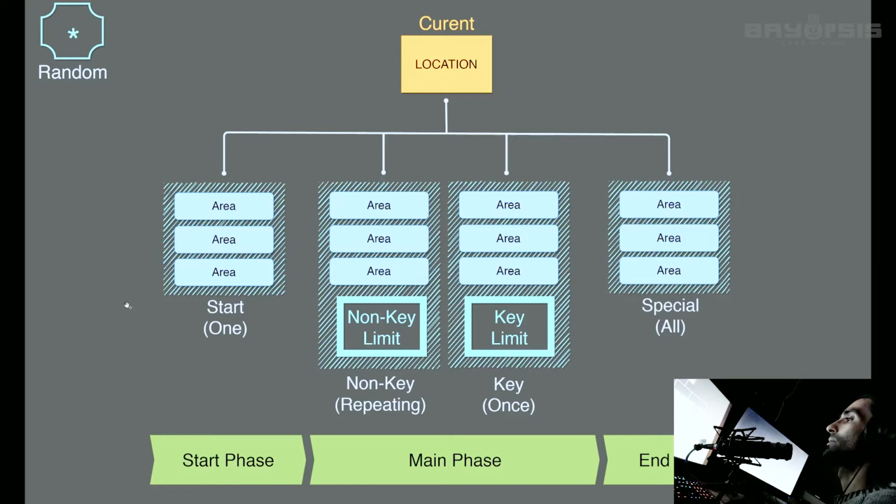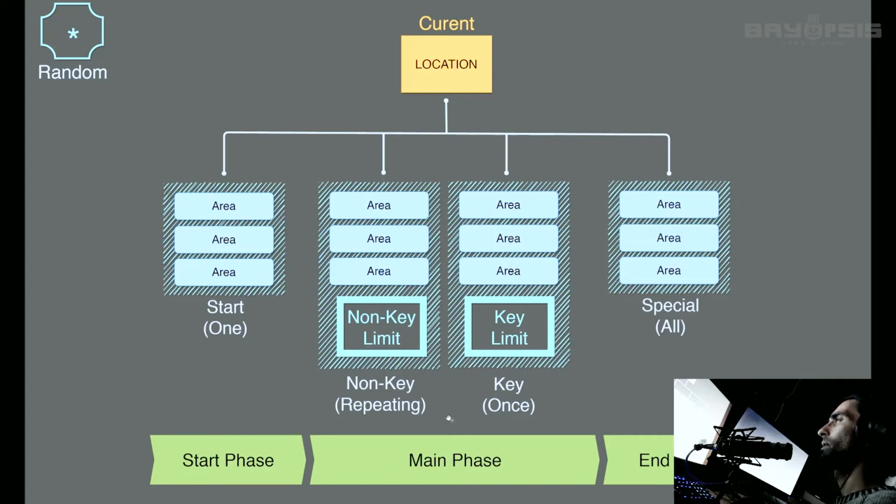And it goes into 3 phases: the start phase, the main phase, and the end phase. If you go with the start phase, then we have a list of areas that can work as a start. So we pick one of these, and then we go to the main phase.